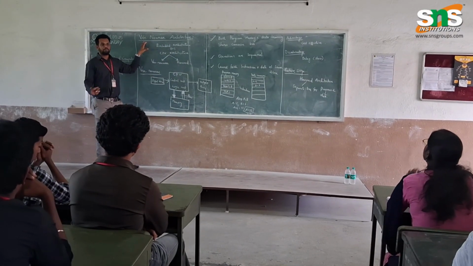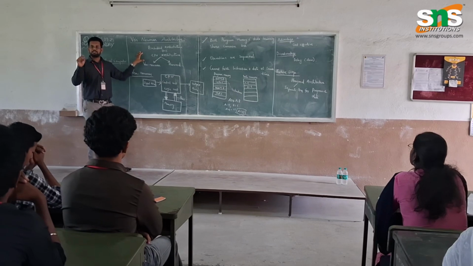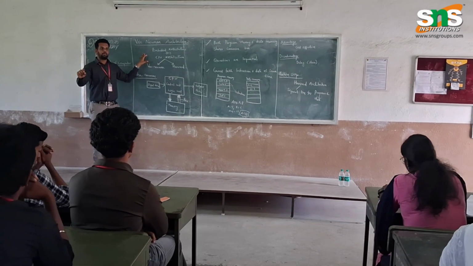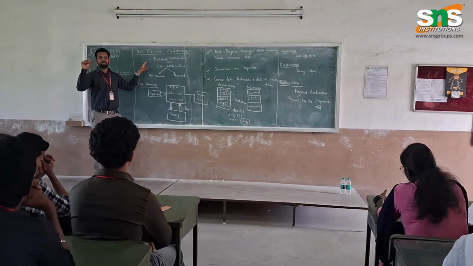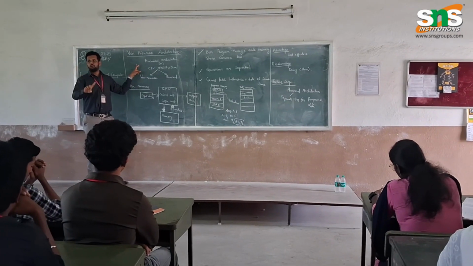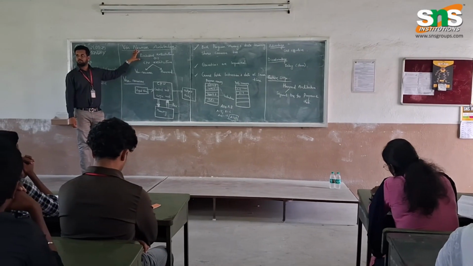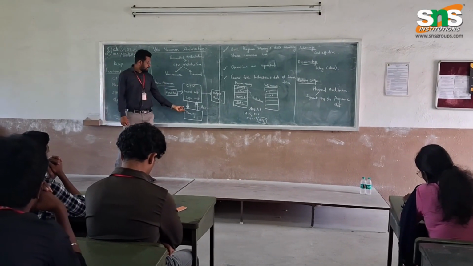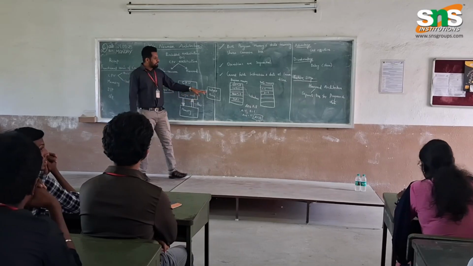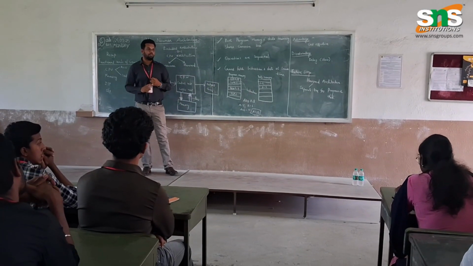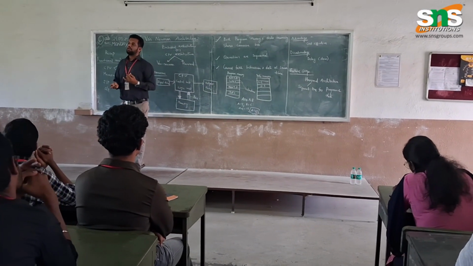We are not using a separate bus, we are using a common bus. This is the phrase we have to mention in the paper while writing the exam: common bus or sharing bus between program memory and data memory, which is called von Neumann architecture. So here in this memory you will have a common bus. What is the problem with the common bus?